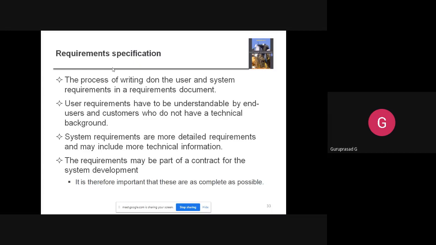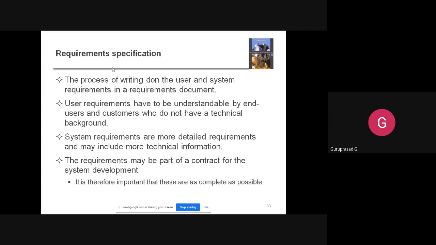We'll see that. Generally user and system requirements should be clearly understood, that is unambiguous and easy to understand, complete and consistent. But again it will be difficult because stakeholders interpret the requirements in different ways. This is the basic problem of requirements collection which I had told you. The interpretation of the requirements will differ between stakeholders, correct?